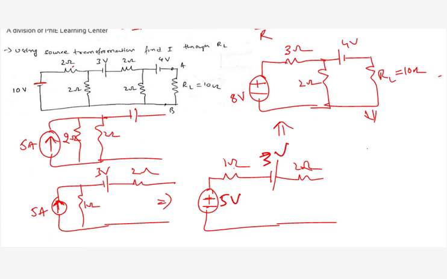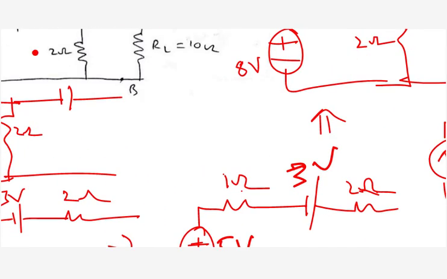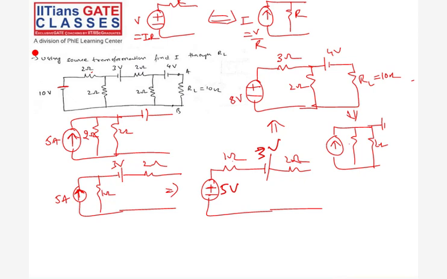Okay, so there is a 4-volt source and a load resistance. Again, these two are in parallel, 3 ohms and 2 ohms in parallel. What is the equivalent resistance? 6 by 5, 1.2, right?